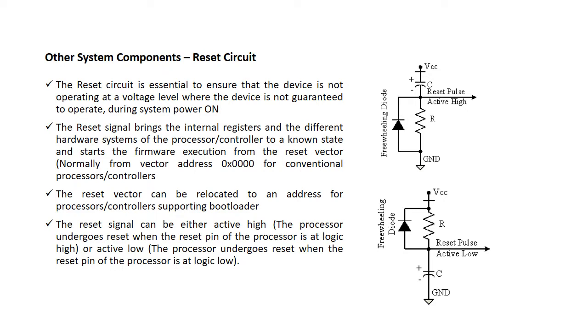We have studied this in the first chapter of the syllabus, under ARM, when we discussed the basics of the ARM Cortex M3 processor. So the reset vector is the address of the interrupt service routine which occurs in response to the reset exception.